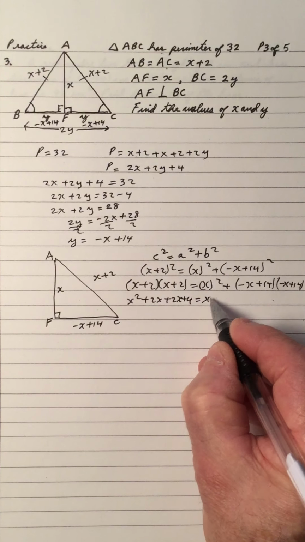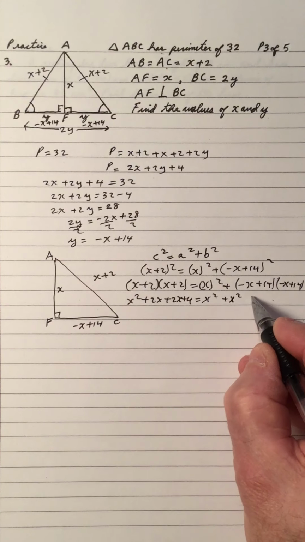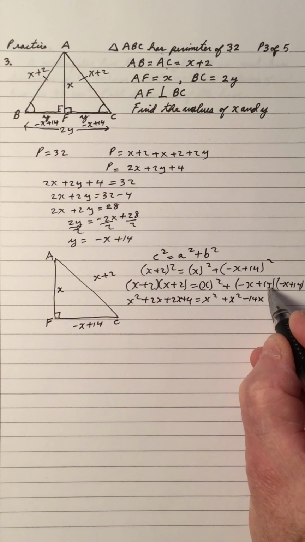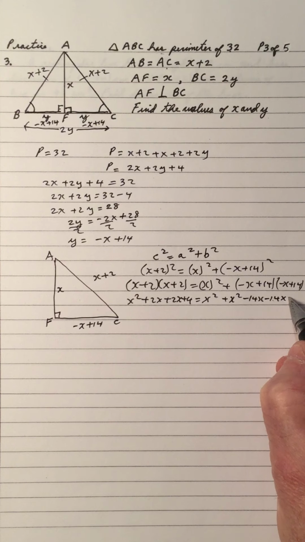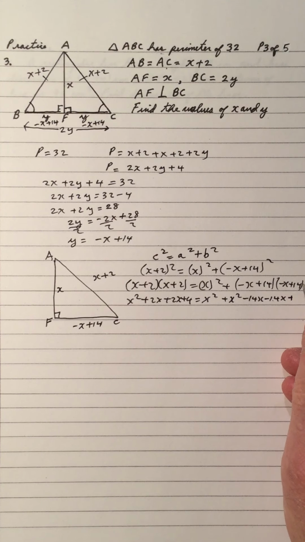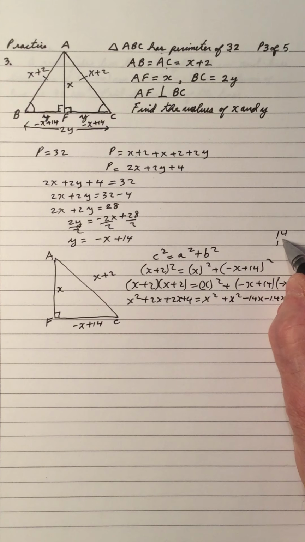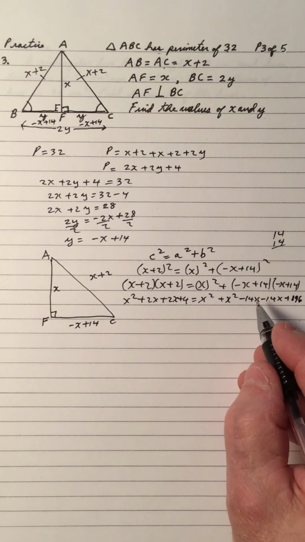And we have negative x times negative x is x squared, negative x times 14 is negative 14x, 14 times negative x is negative 14x, and 14 times 14, sorry, 14 times 14 is 196. When we square it out, you can use your calculator.